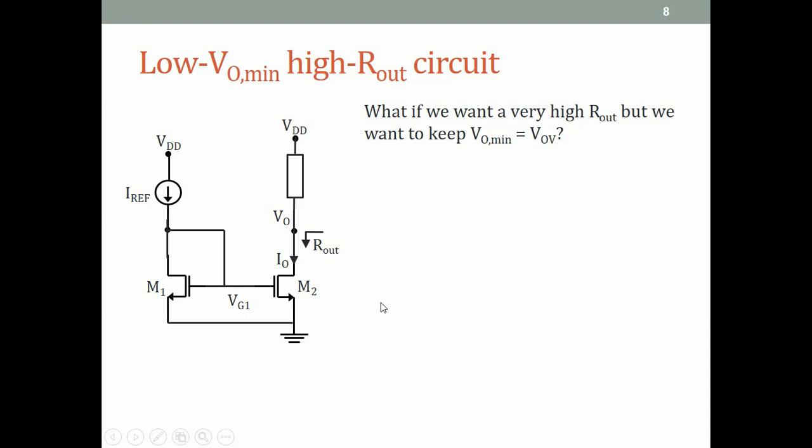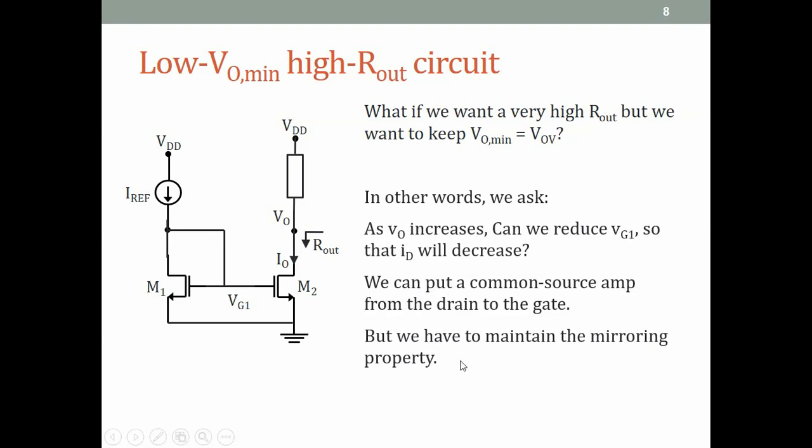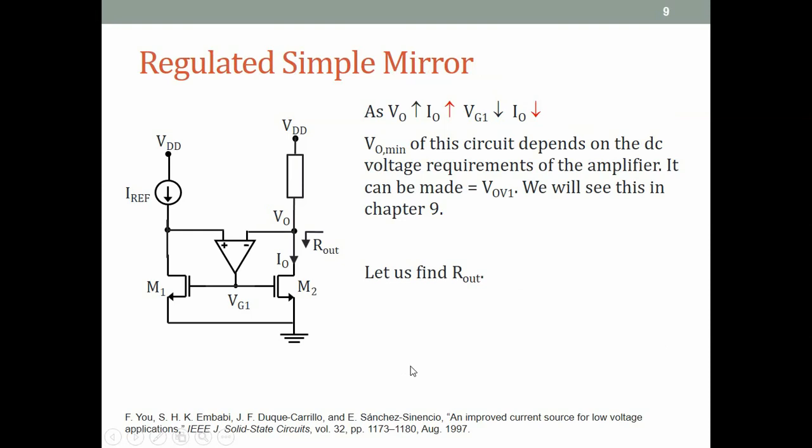So of course somebody thought, and this is research, this is innovation. This is a circuit they came up with. This is showing you the paper, the reference from which this circuit came.